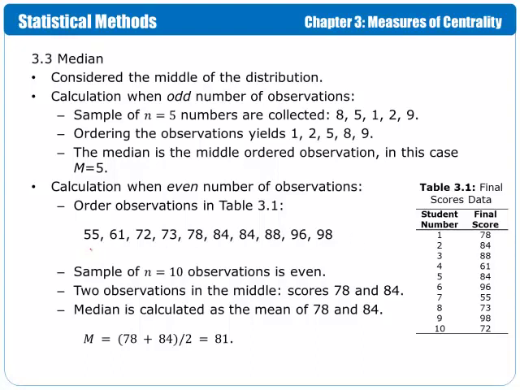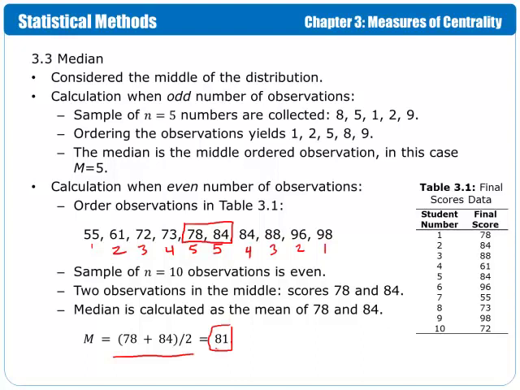So now as we count in from the outsides, 1, 1, 2, 2, 3, 3, 4, 4, 5, 5, you can see that we have two values, 78 and 84, that are in the middle of this ordered data. And so in order to find the median, we take the mean or the average of the two middle numbers. And so finding the average of 78 and 84, we get 81, which is the median for that set of data.